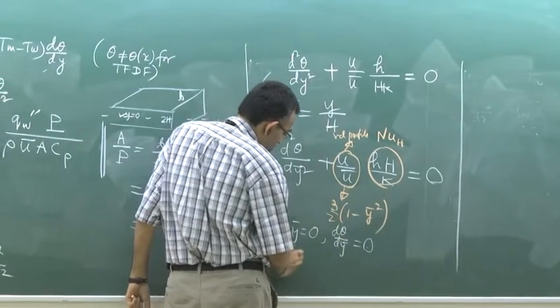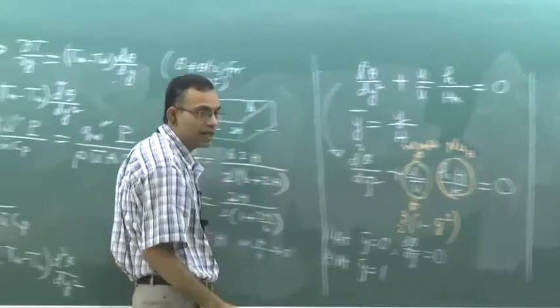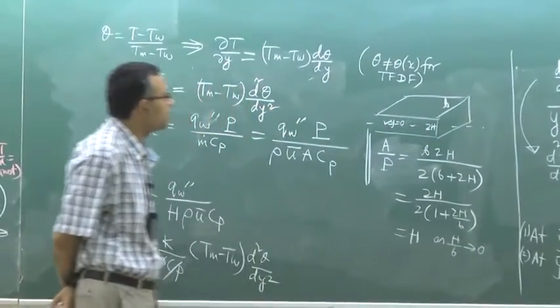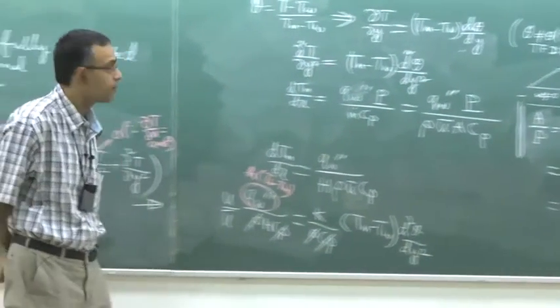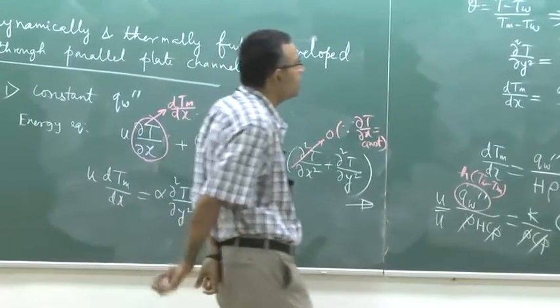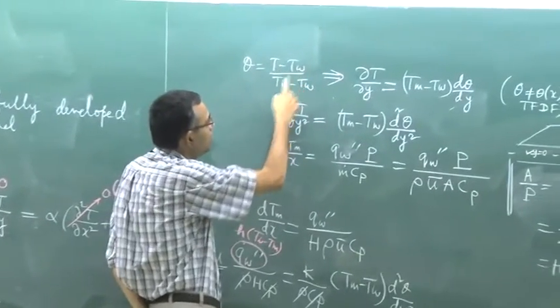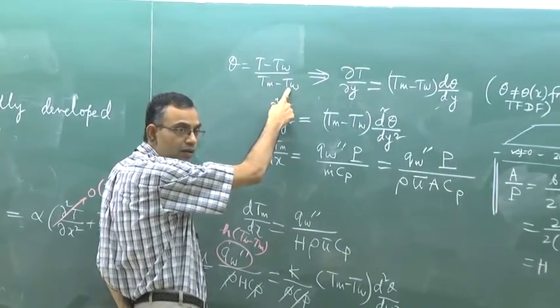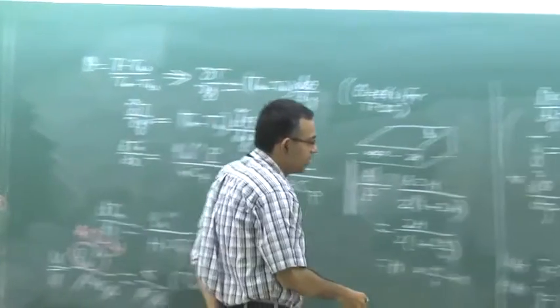And at non-dimensional y equal to 1, that is the wall. What is theta? Remember the definition of theta, T minus T wall by Tm minus T wall. So theta is 0.